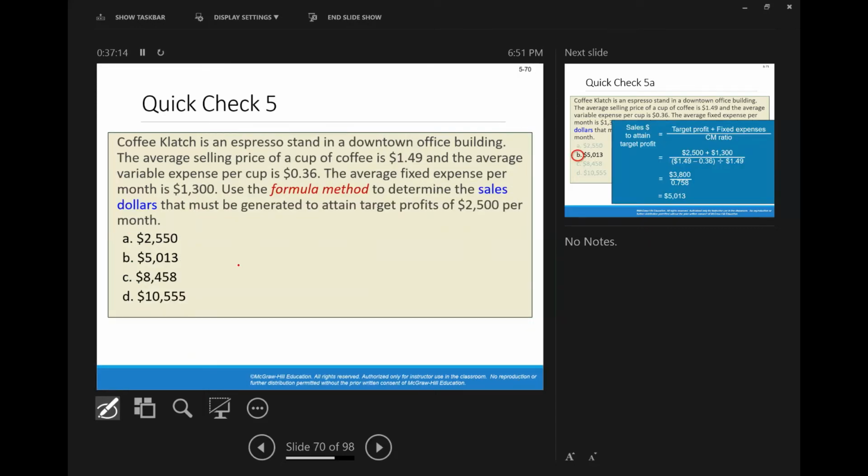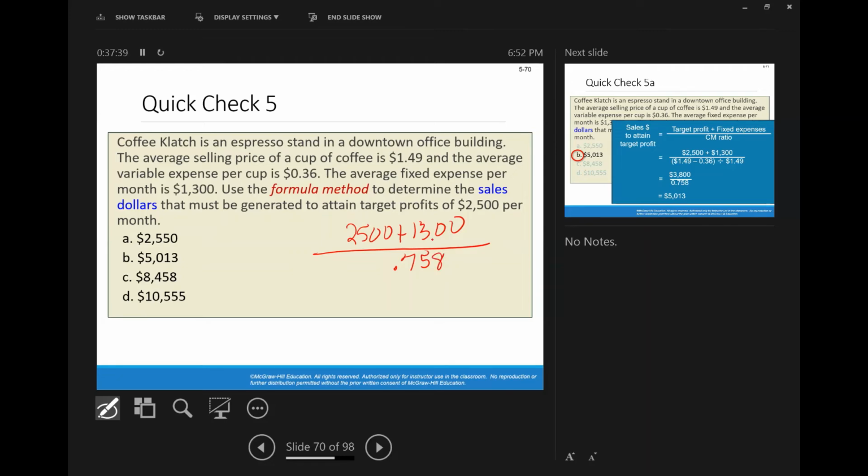Okay, so now they want to know, using the formula method, the sales dollars that must be generated to attain the target profit of $2,500 per month. So we're doing the same thing at the top: the $2,500 plus the fixed costs. Then we use the contribution margin ratio, which was 0.758.